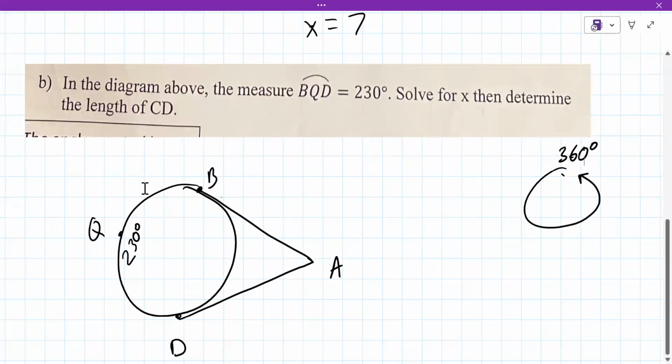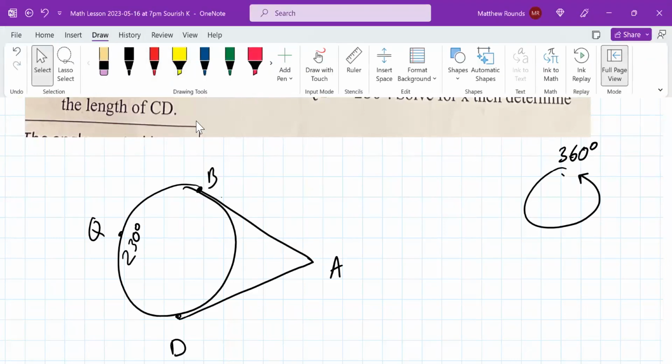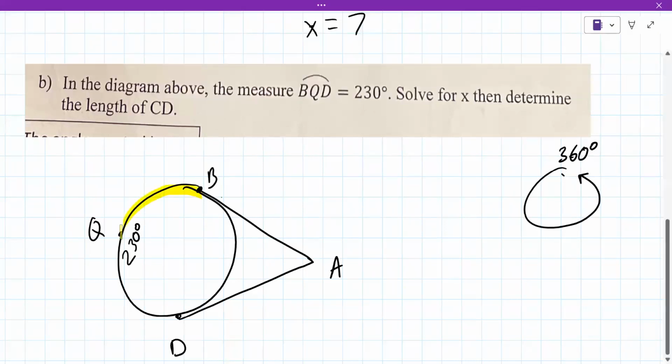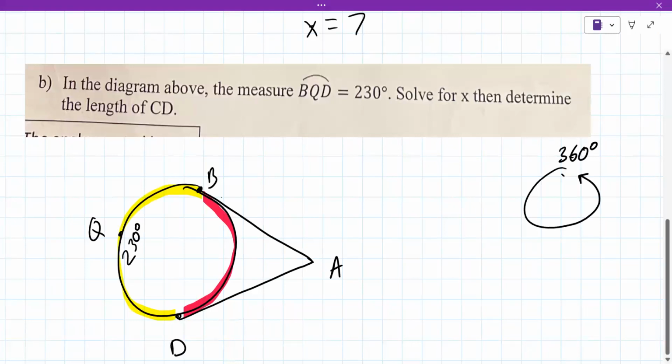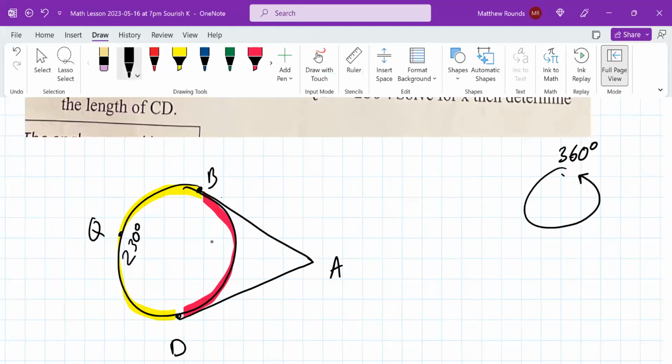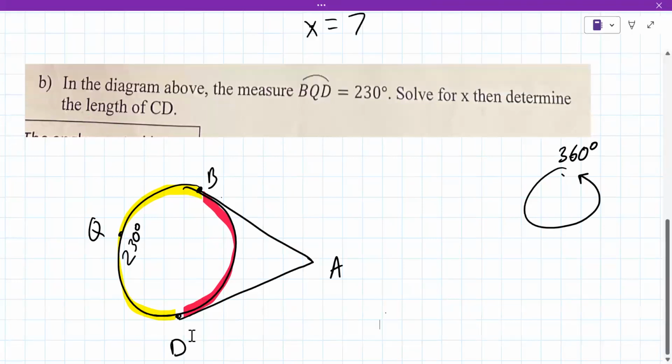Okay, so if 230 is from B to Q to D, and I'll highlight that, what's the rest of the circle? What's this B to D part? The whole circle is 360 and the part in yellow is 230.